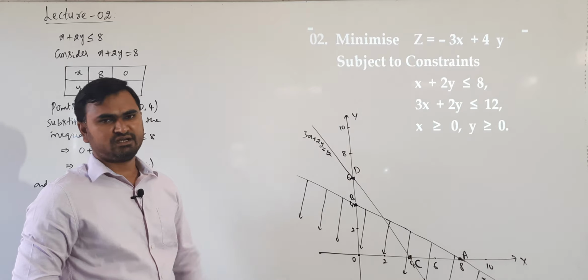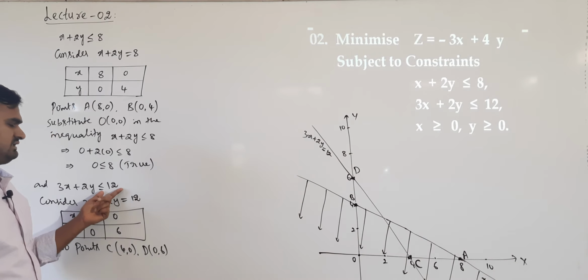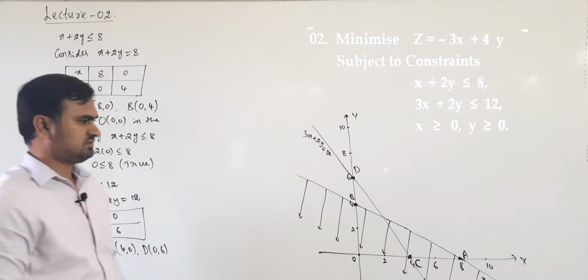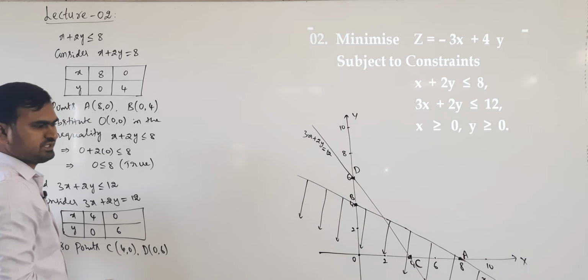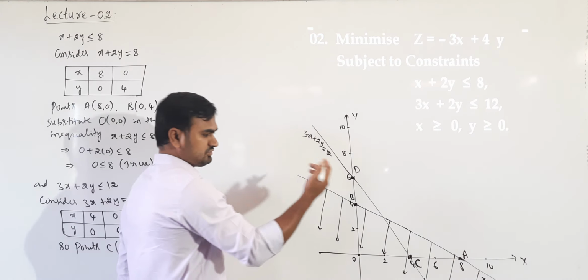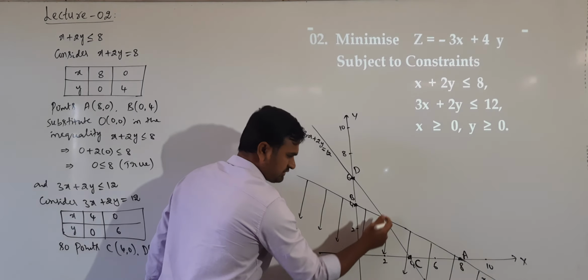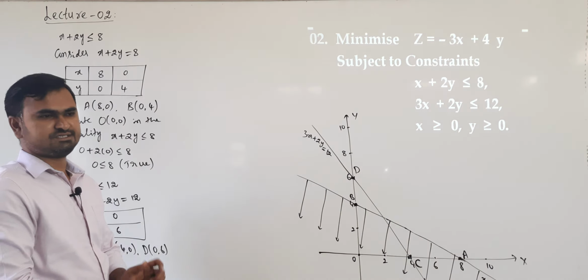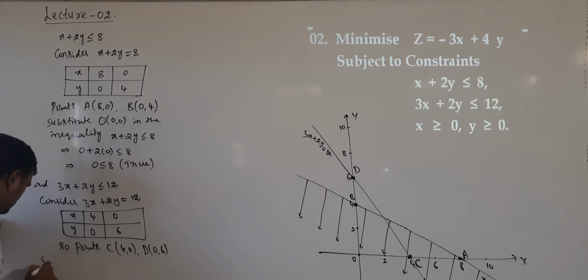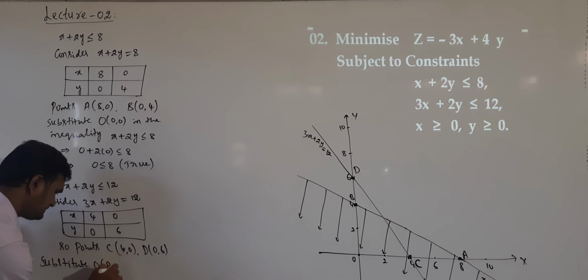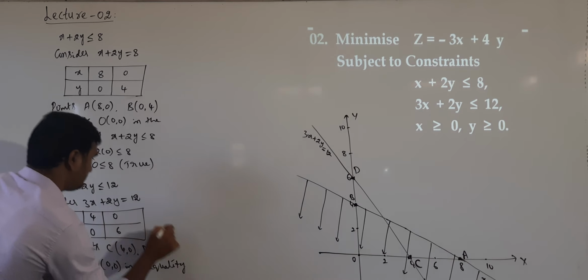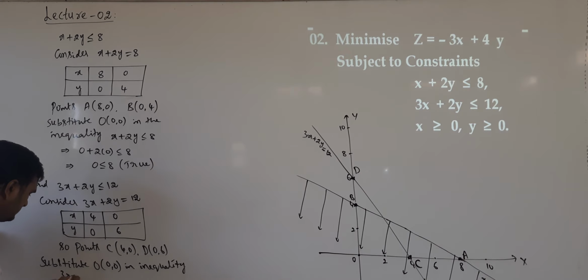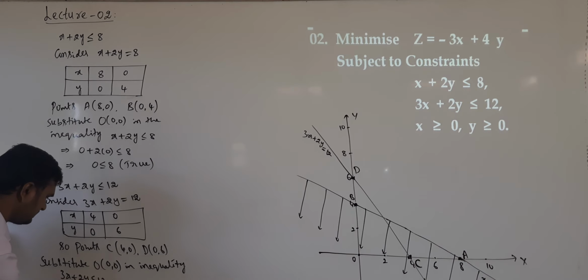Now for this second line, again it is inequality. So inequality represents half plane. So is it below the line is required or above the line is required? Again, we substitute any one point which lies below the line or above the line. Clearly origin lies below the line, and substitute origin and see is it satisfied or not. So substitute origin 0, 0 in inequality 3x plus 2y less than or equal to 12.